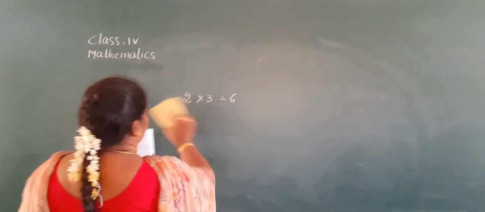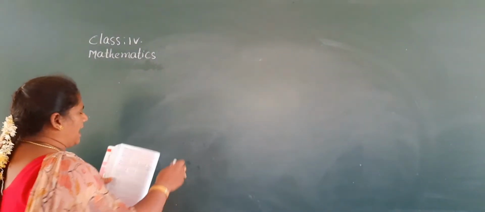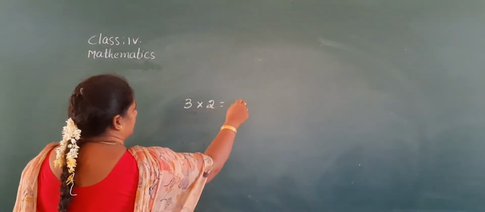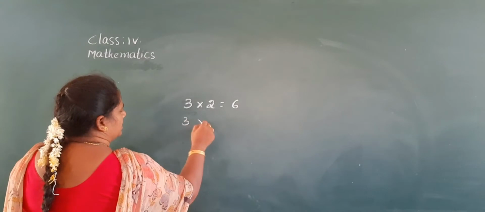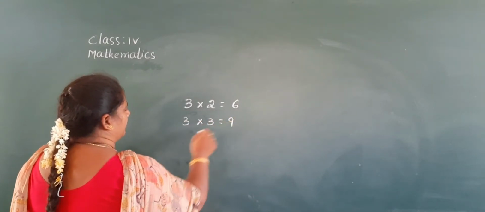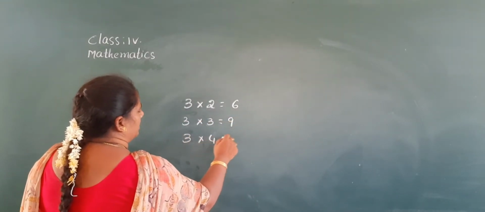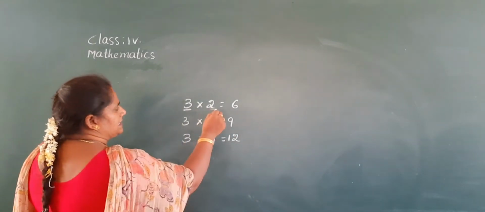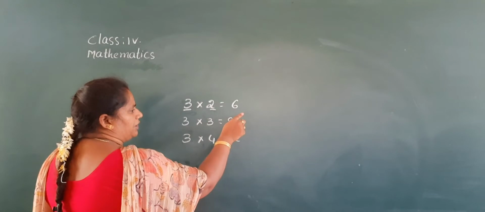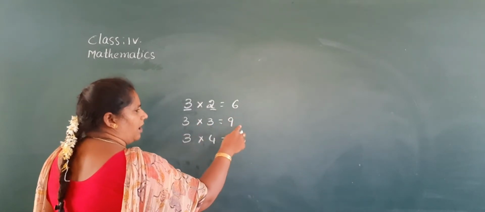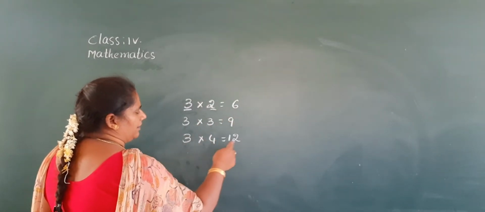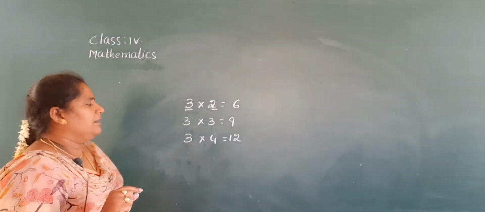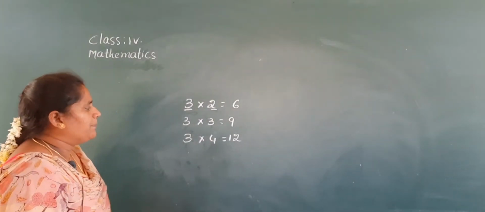And they are given some patterns also. Suppose you multiply an odd multiplicand by an even: 3 2s are 6, 3 3s are 9, 3 4s are 12. Observe here, children, this is an odd multiplicand. It is even, odd, even. So the product of an odd multiplicand with an odd gives an odd only.